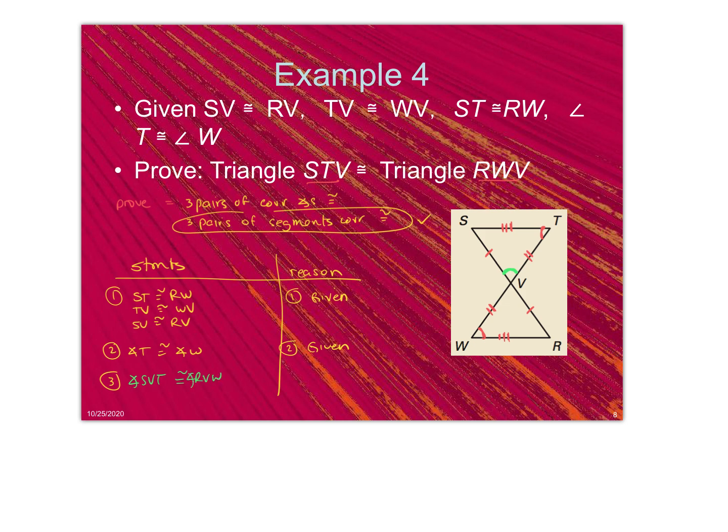I know that because of the vertical angles congruence theorem. I think we call it that, right? I know that those are vertical angles, and so this angle and this angle are congruent. So now I have a second pair of angles.